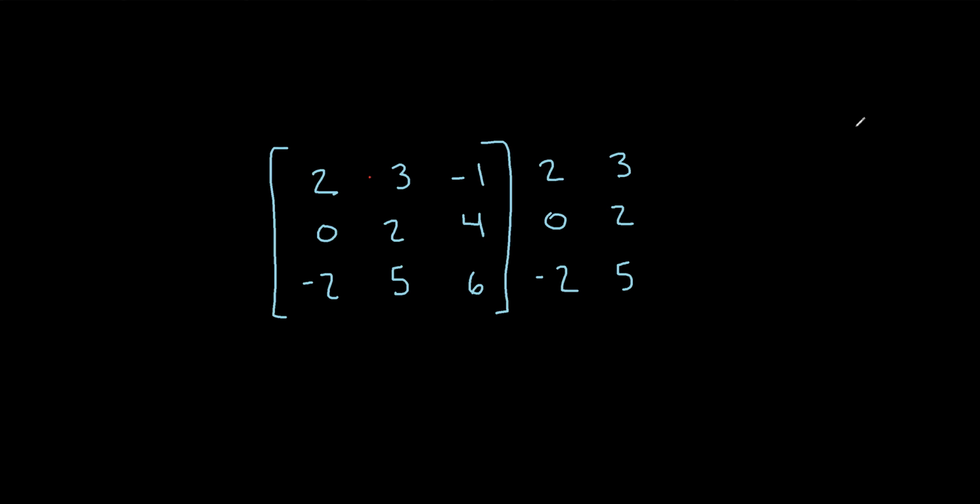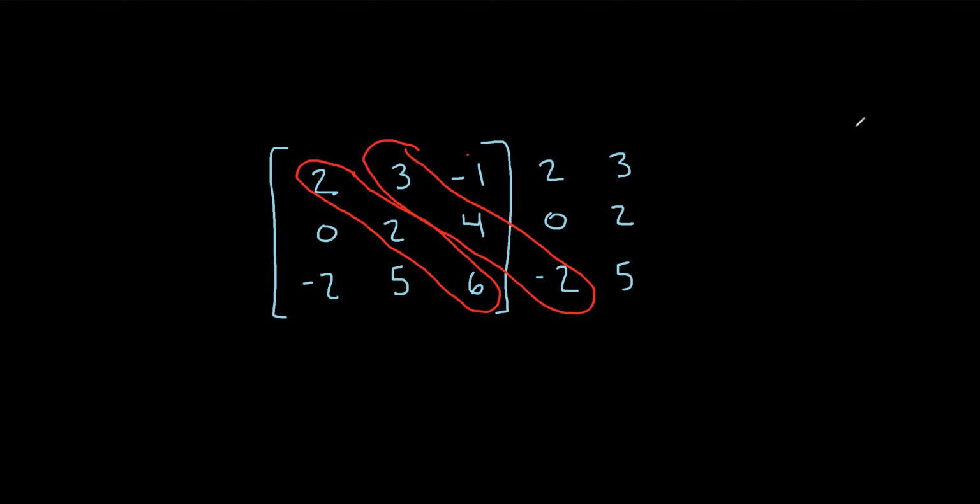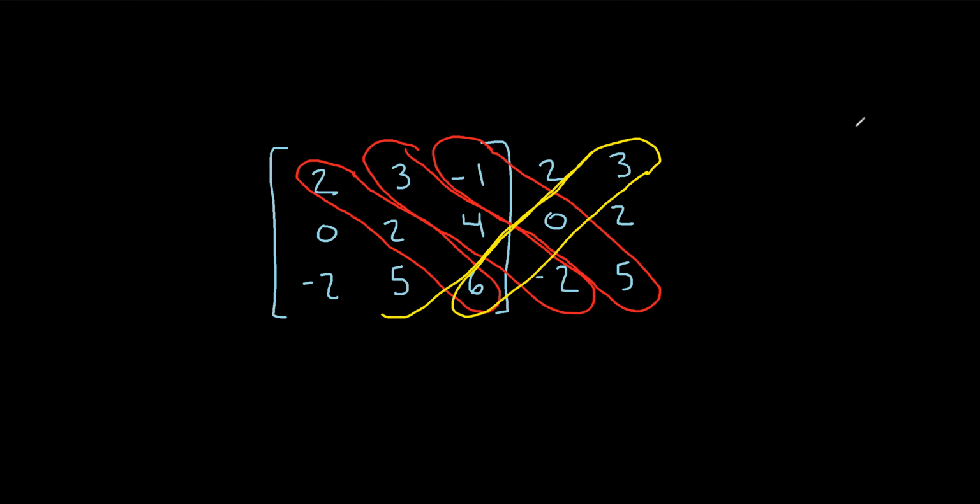And now what we do is we look at all of the diagonals. So there will be 3 diagonals. And what we do is we multiply each of the diagonals, and then we take the sum, and then what we're going to do is multiply each of the anti-diagonals and subtract that sum.